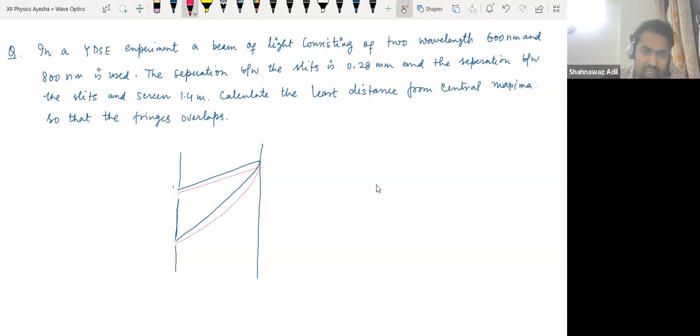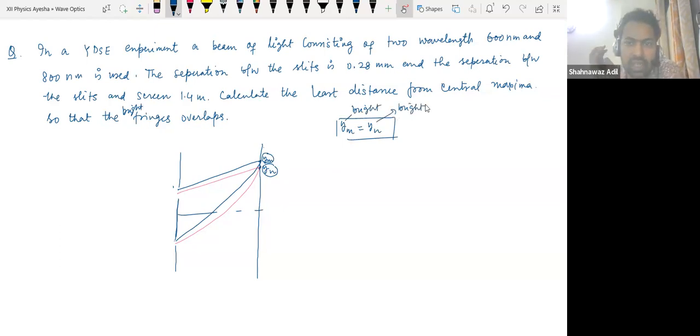We want to find the position or the least distance from the central maxima so that the bright fringes of both are seen at the same place. Both are equal and they are bright fringes, so we have to find the least distance at which both fringes overlap.